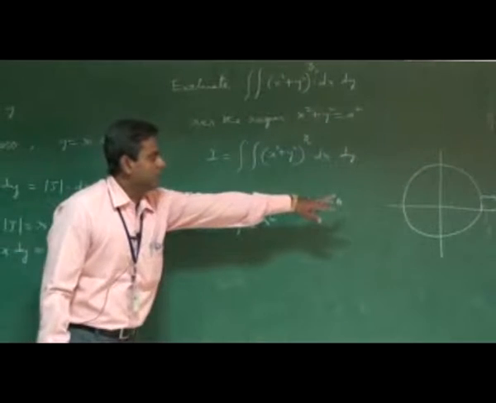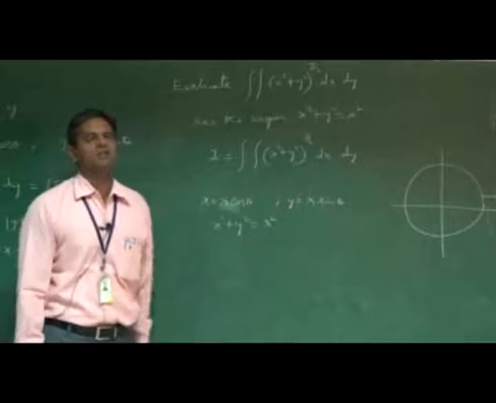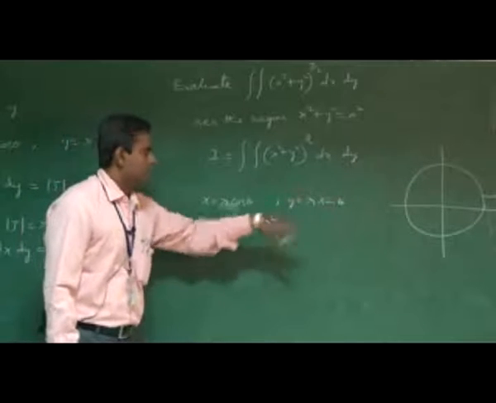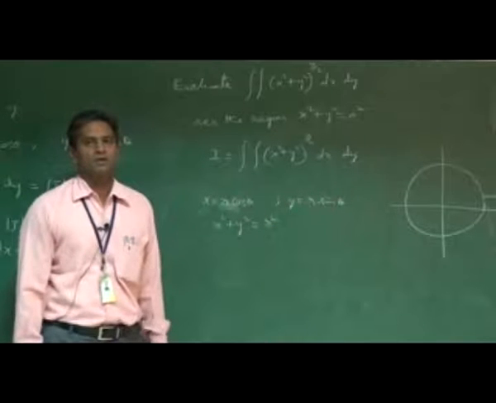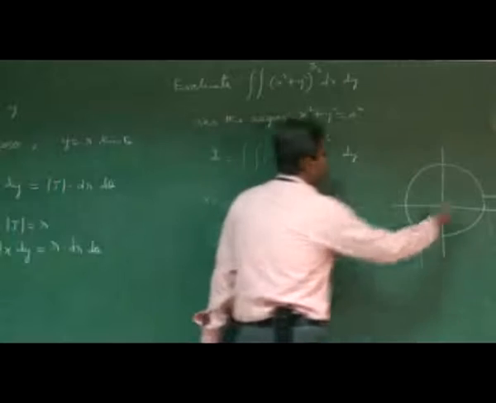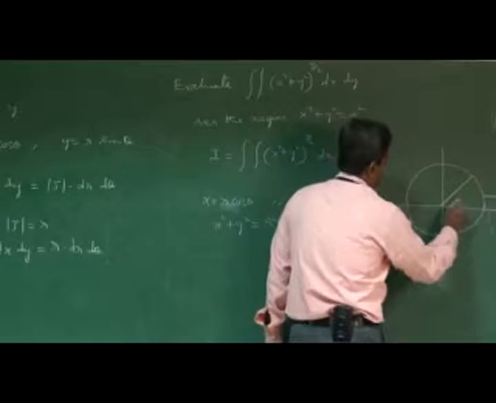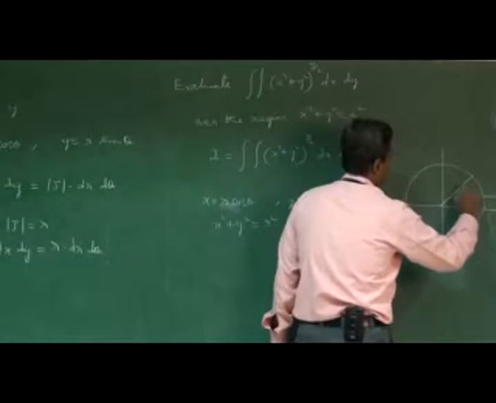So the given region is a circle, which means the limit of r, that is the radius, is from 0 to a.